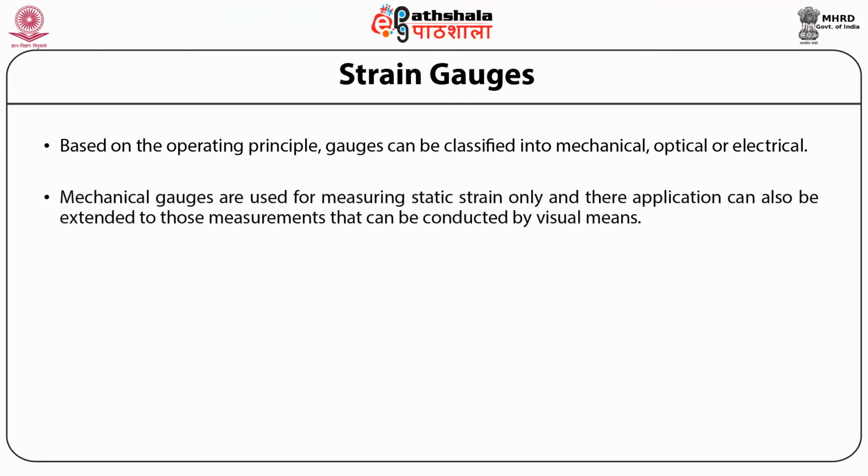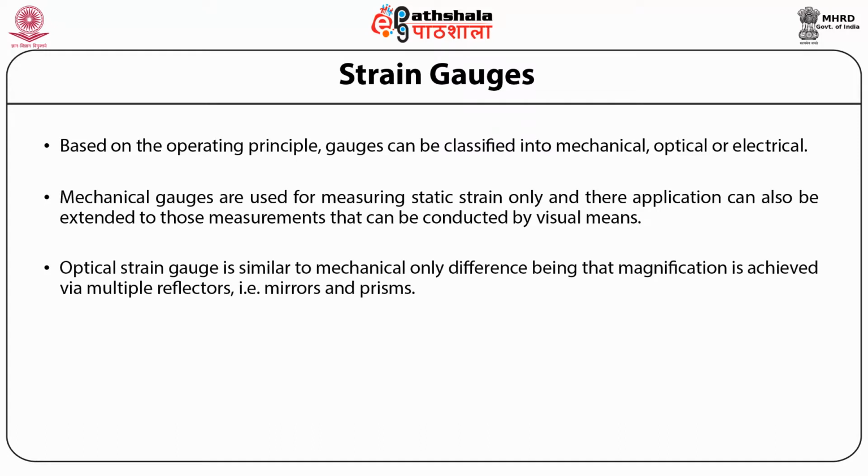Mechanical gauges are used for measuring static strain only. Their application can also be extended to those measurements that can be conducted by visual means. An optical strain gauge is similar to a mechanical one, the only difference being that magnification is achieved via multiple reflectors, that is mirrors and prisms.